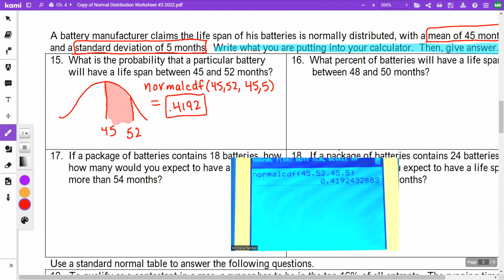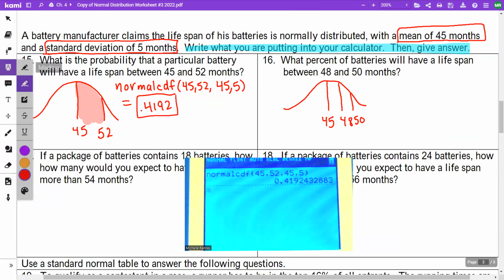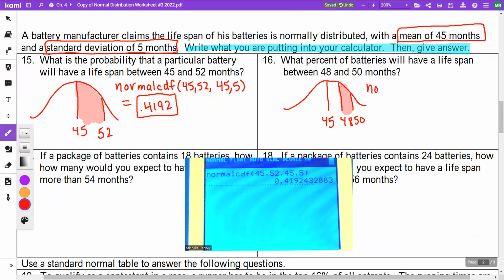On the next one, this is asking us the percent, okay? So what percent of the batteries will have a lifespan between 48, now remember 45 is a mean, so we want between 48 and 50. So we want this little section right here. So I'm going to do normal CDF, minimum 48, maximum 50, mean 45, standard deviation 5.